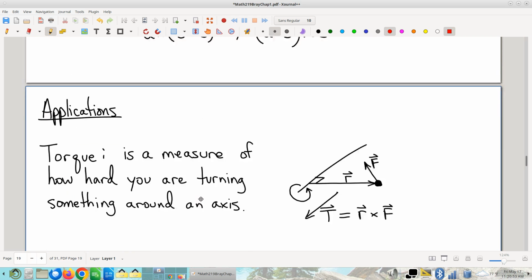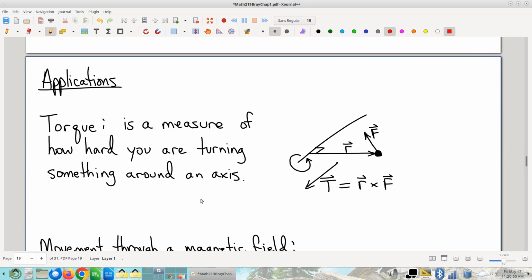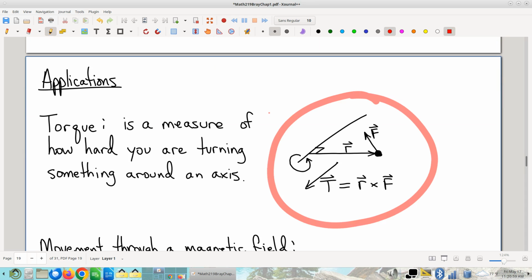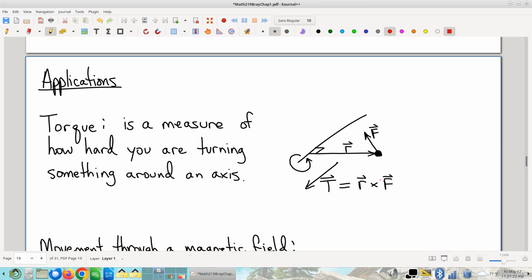A couple of quick applications. Worth recognizing that torque can be described as a cross product. I don't know if y'all have seen torque before. It's what I like to call an angular version of force. Force says how hard you're pushing. Torque says how hard you're twisting. The important physics idea comes up in a lot of physics and engineering.